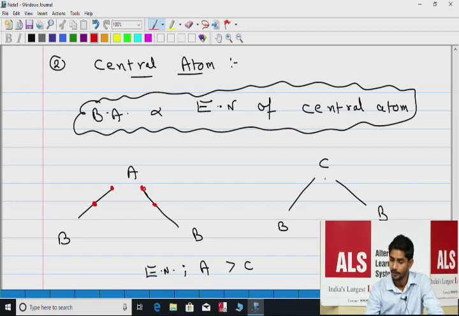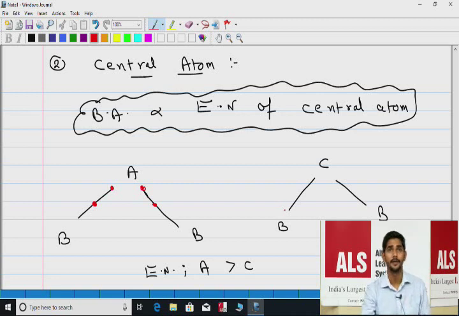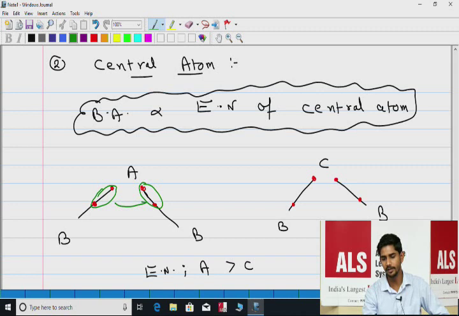Between A and C, A has the higher electronegativity, whereas B has lower electronegativity as compared to A and C. So obviously C will again pull the electrons towards itself, like this. But here the problem is, guys, the electrons come much closer. So that's why they will repel more. Whereas here, look at this.